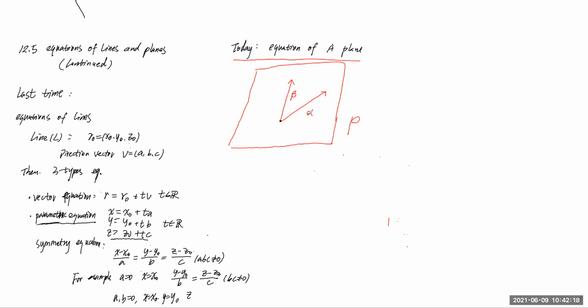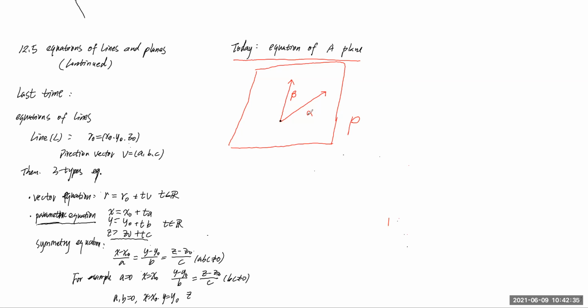And then n is the normal vector. Now we know how to compute n, right? By the cross product, we know n can be written as alpha cross beta.